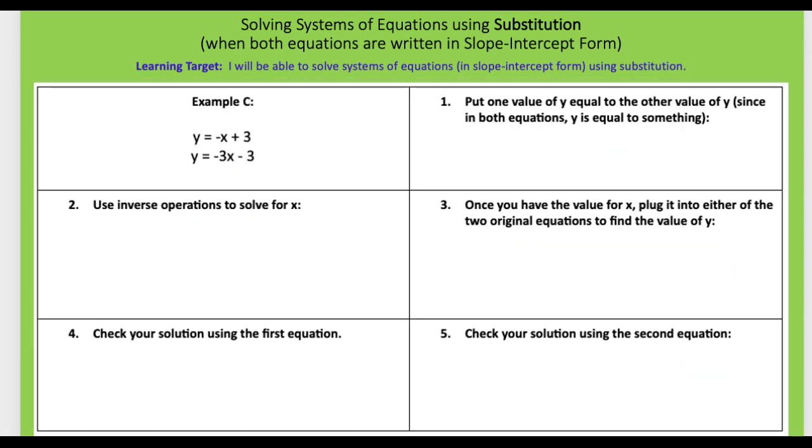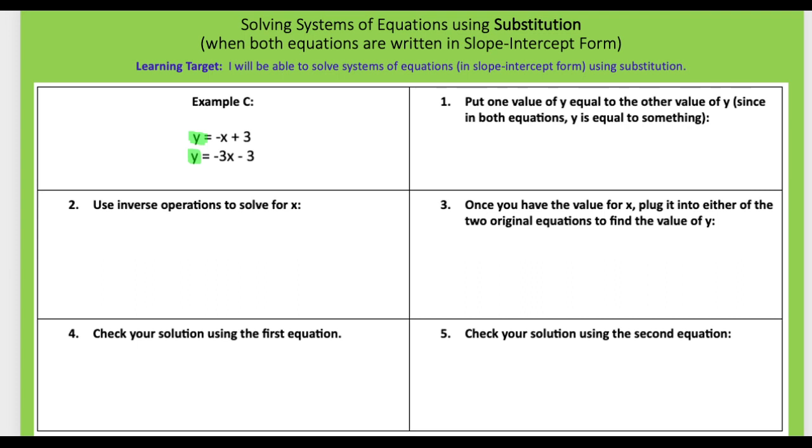All right, example C. y equals negative x plus 3. Once again, this one is in slope-intercept form. The second one is y equals negative 3x minus 3. Since they're both written as y equals, or slope-intercept form, I can set the right sides equal to each other.